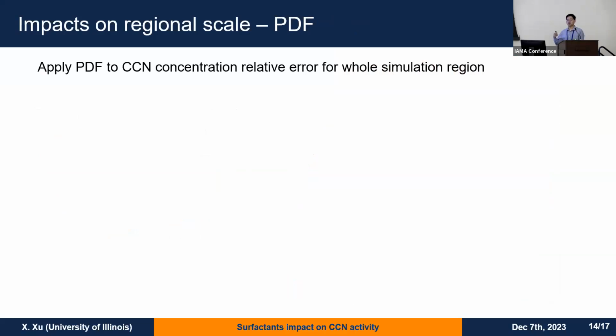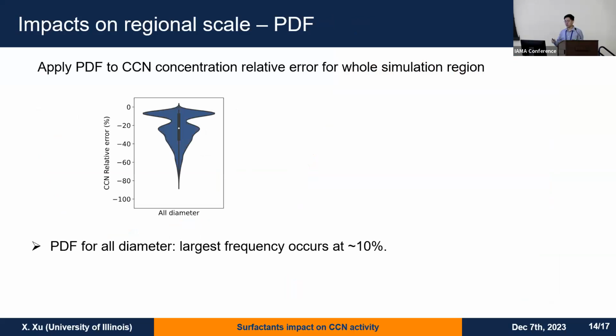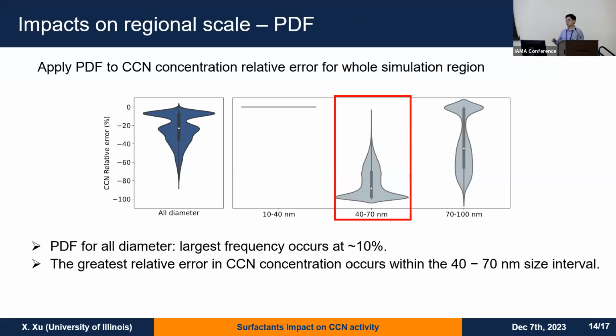And at last, in order to take advantage of the particle-resolved capability, we also apply the probability density function to the relative error on all diameters. Interestingly, you can see that the largest frequencies occur at 10%. We think it's probably because a large part of the simulation is placed over the ocean, which has a lower relative error on CCN.